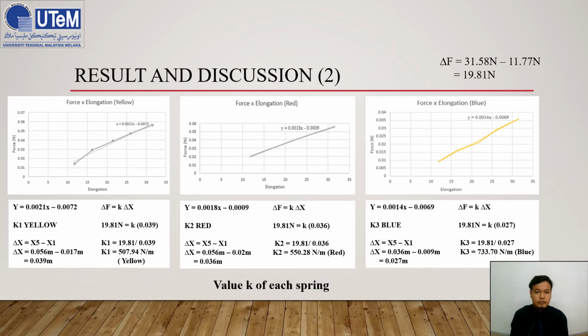We got 550.28 Newton per meter, and the third one we get the K constant, which is 733.7 Newton per meter. So we achieve our objective, which is to find the value of K of each spring constant from each sling band.